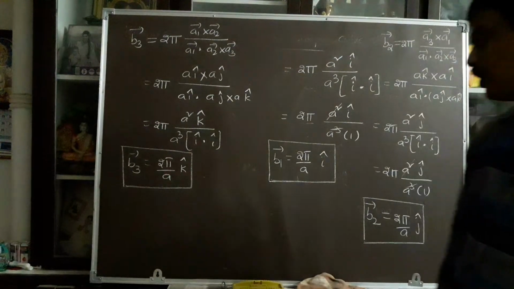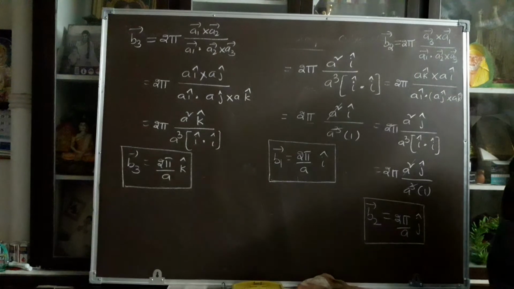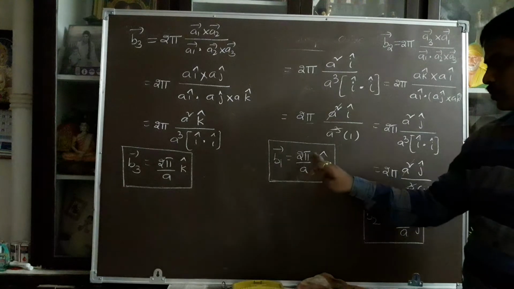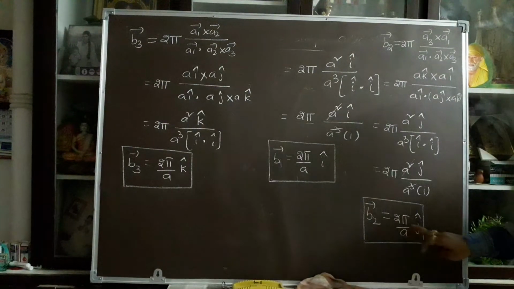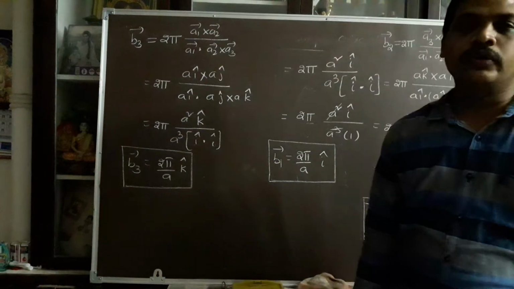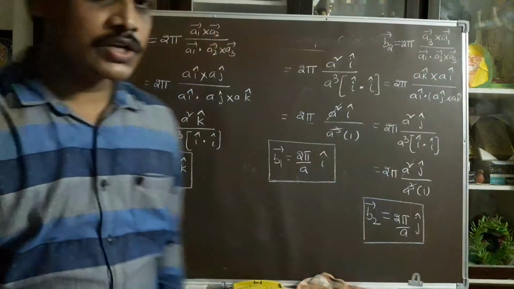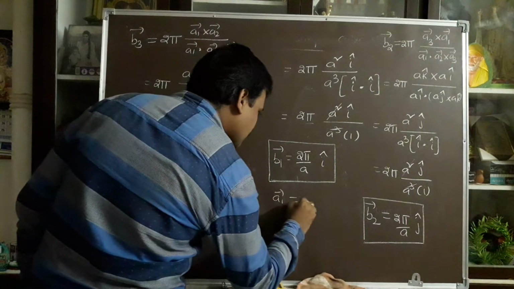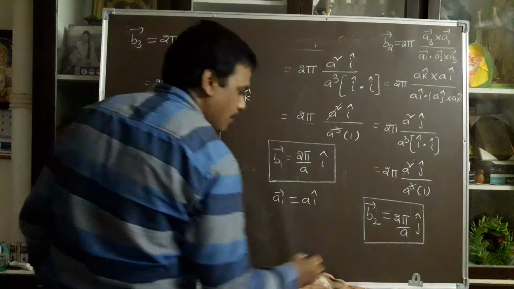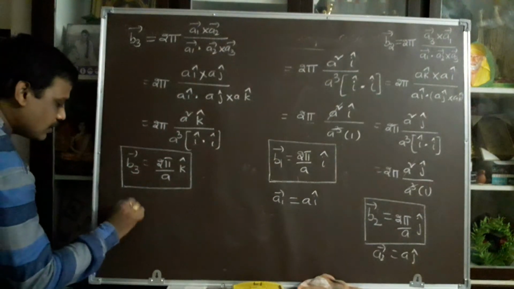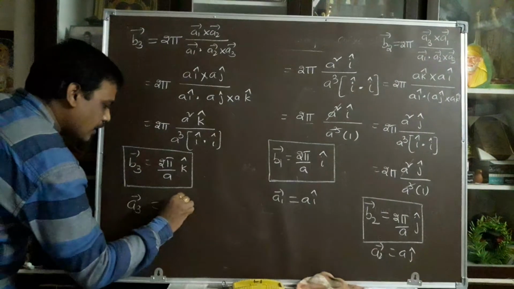So finally you get the primitive vectors of the simple cubic structure. B1 bar is equal to 2 pi by A into I cap, B2 bar is equal to 2 pi by A into J cap, B3 bar is equal to 2 pi by A into K cap. According to our crystal structure, you assume A1 bar is equal to A into I cap, A2 bar is equal to A into J cap, A3 bar is equal to A into K cap.